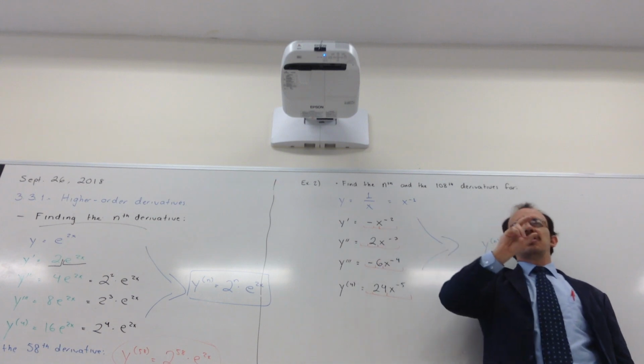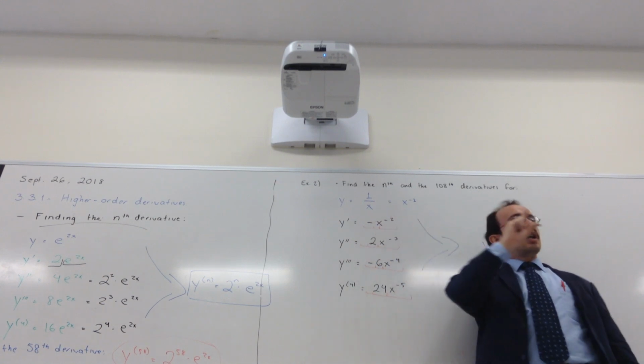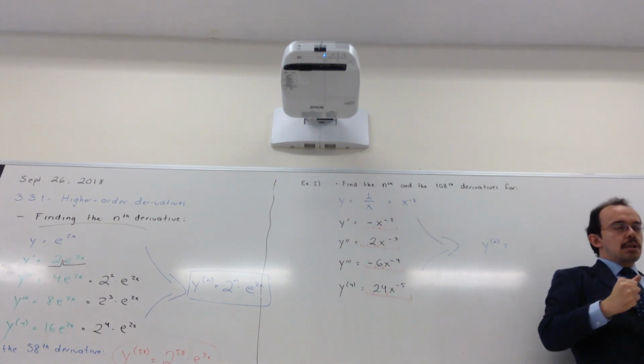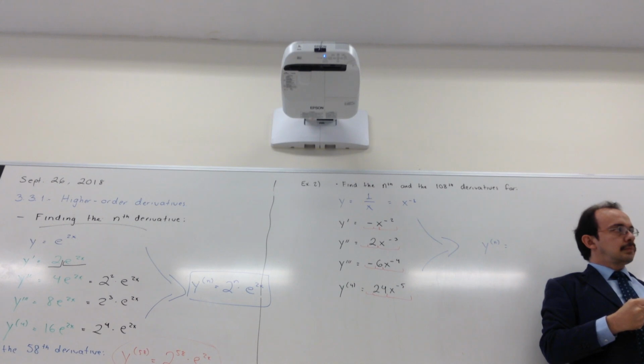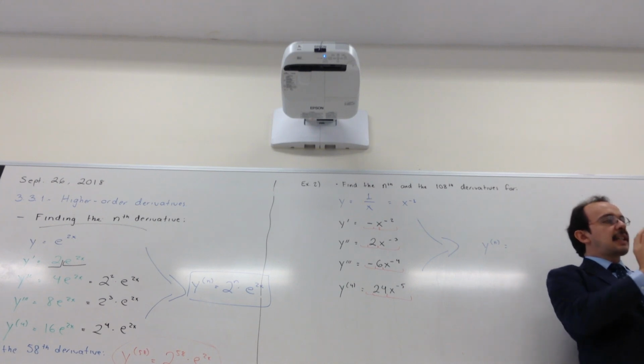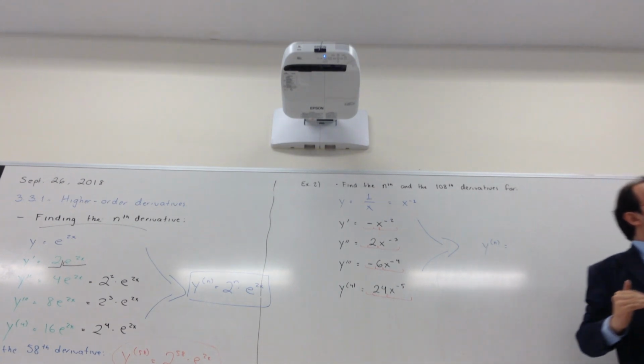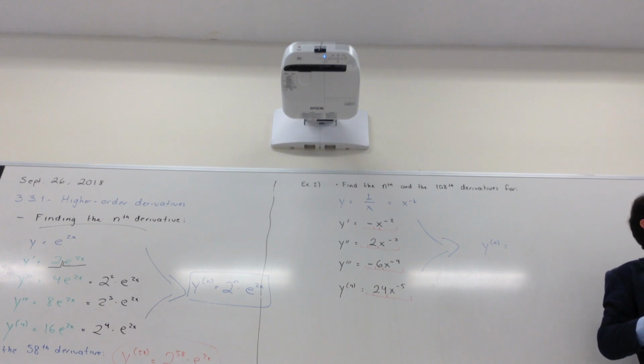So just times 2 is not enough. Squared is positive. So how can I put that as a single formula for all of them? With n.